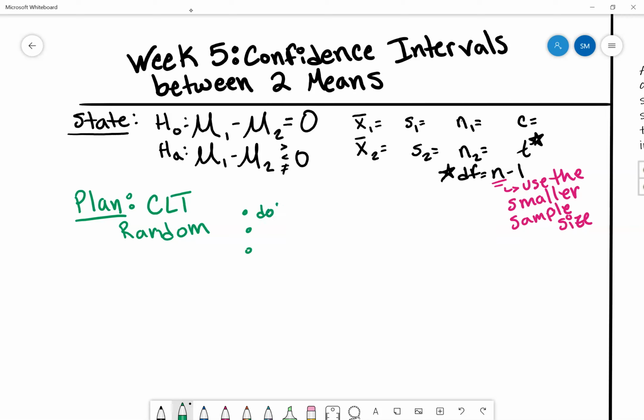Either the dot plot or the box plot, whatever graph you're looking at, shows no skews or outliers. So I'm just going to put dot plot as good. I know we've talked about that quite a lot. The other one is, is your sample size of your first set of data greater than or equal to 30, and is your sample size for your second set of data greater than or equal to 30, or does the problem say so?